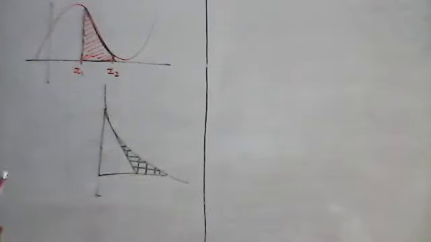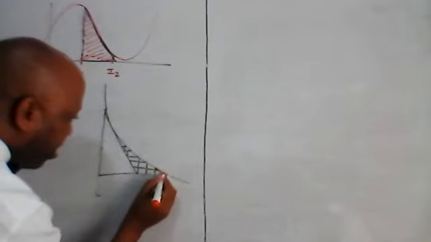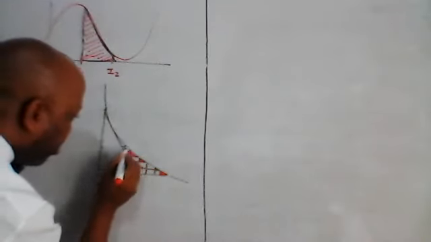But to be honest, there are some points that we are still going to miss. That area there, which is not a figure that we can take the area of using our known length times breadth or half base times height.